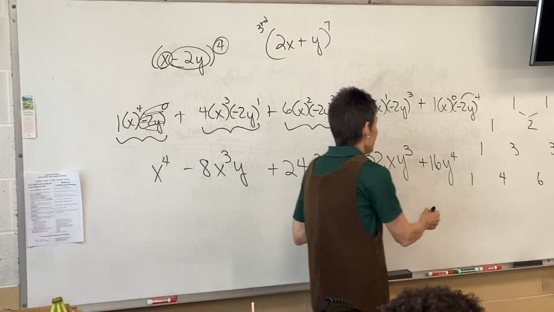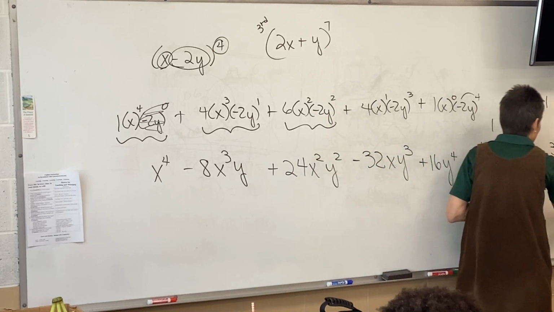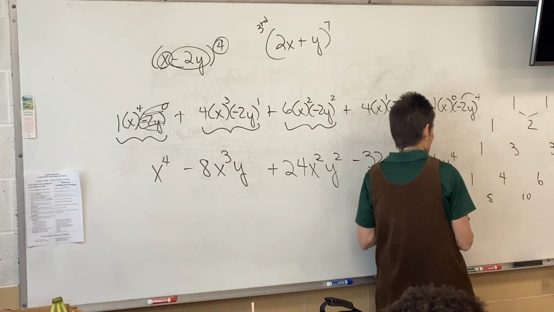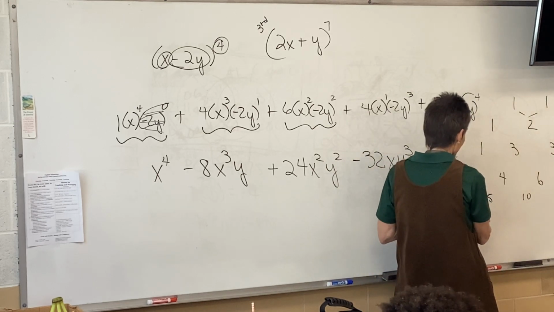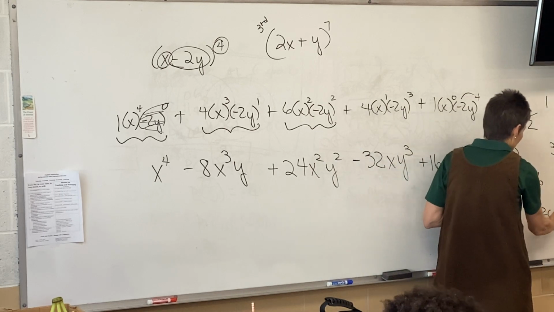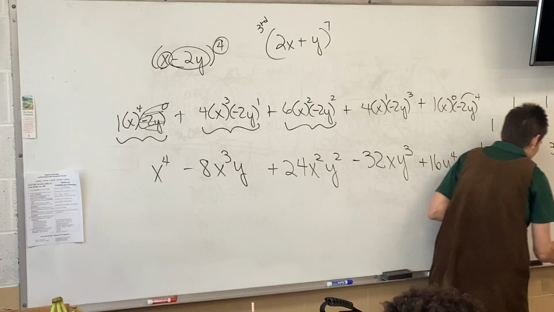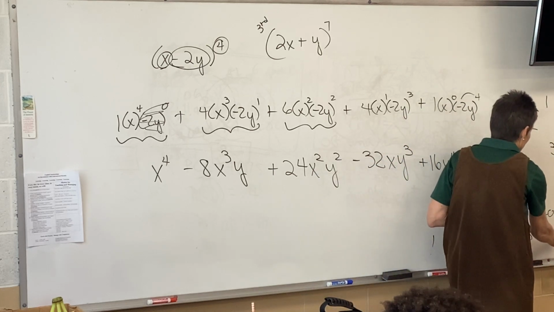So I'm gonna go ahead and write these numbers down. Remember, we start and end with a 1, and then we add. So this is gonna be 6, 15, 20, 15, 6, and 1, 7, 21, 35, 35.